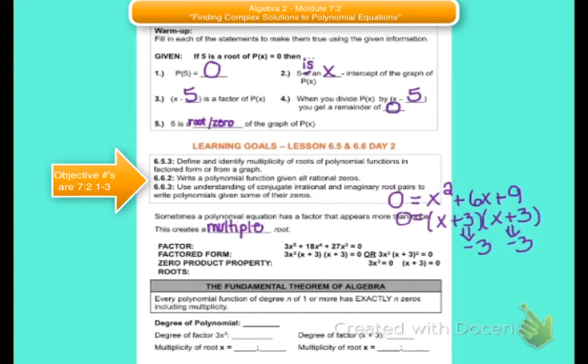Then if we set those factors equal to 0 using the zero product property, I would see that I got these 2 solutions, 0 and -3.